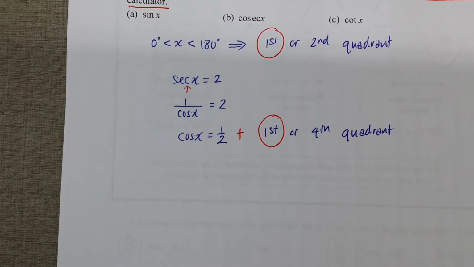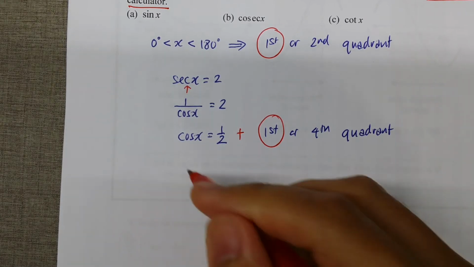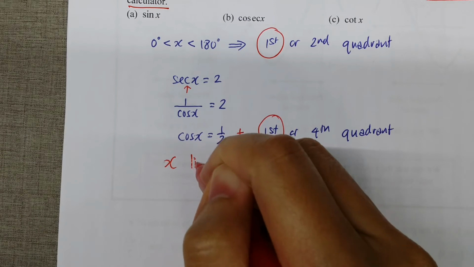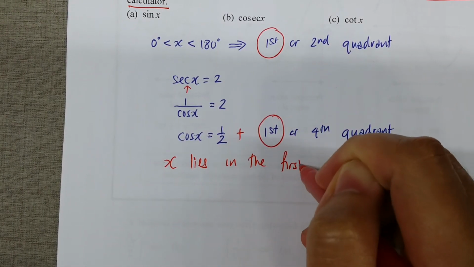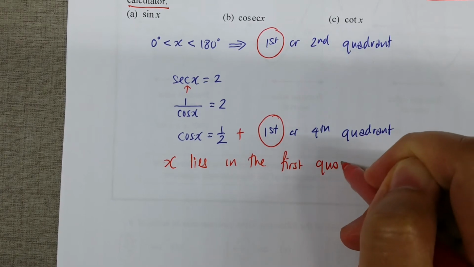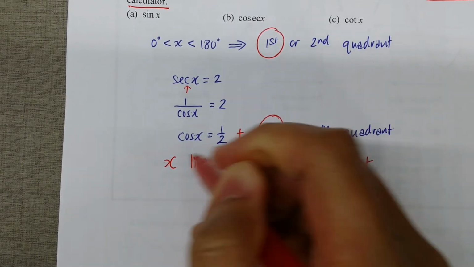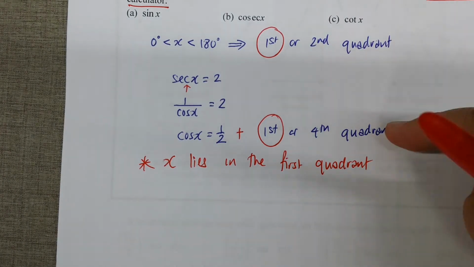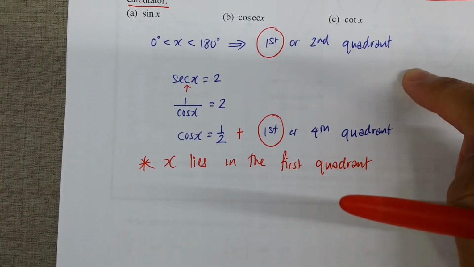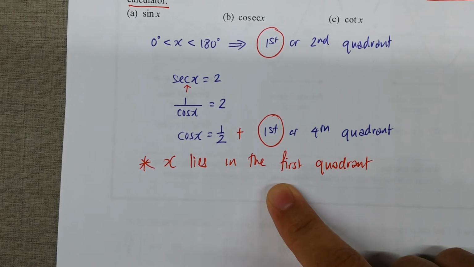So conclusion: x lies in the first quadrant. This statement must be written. The rest you need not write, but this must be written.